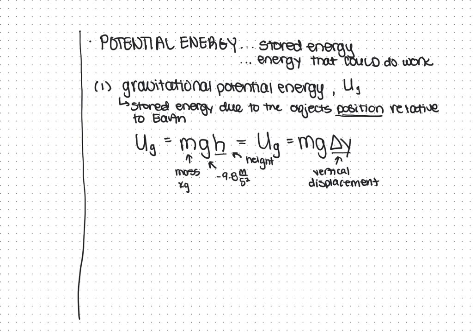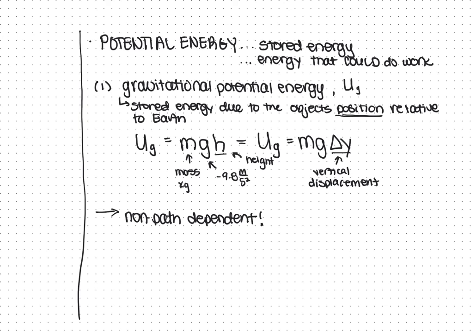One thing about gravitational potential energy is what we call non-path dependent. So just like in work, we don't care how fast. In terms of gravitational potential energy, we don't care how you get there. So you can take the elevator or you can take the stairs.